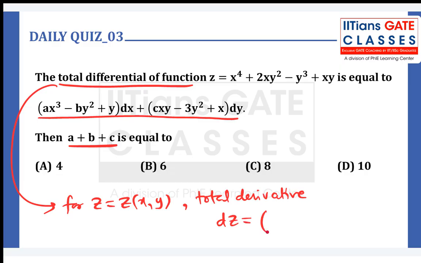That will be del z by del x dx plus del z by del y dy. This happens because it's a function of two input variables. So now you are supposed to evaluate del z by del x and del z by del y and compare with this expression to find the unknowns a, b, c. Let's do that on the next slide.